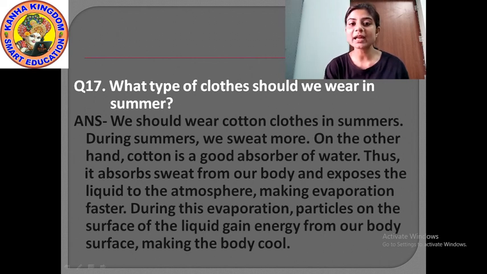When it absorbs it, it makes it evaporate faster. And when evaporation is done, the liquid loses its energy and it absorbs the energy from the surrounding, which makes our body feel cool. That is why we should wear cotton clothes in summer. Okay?